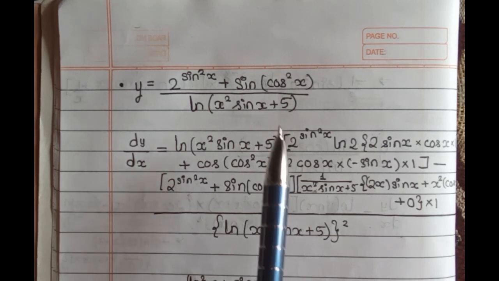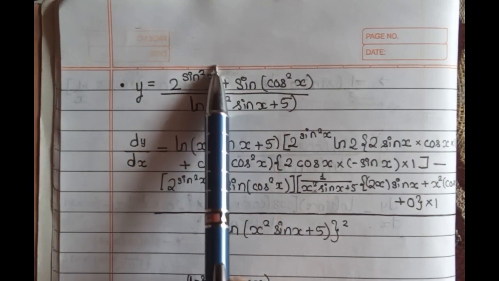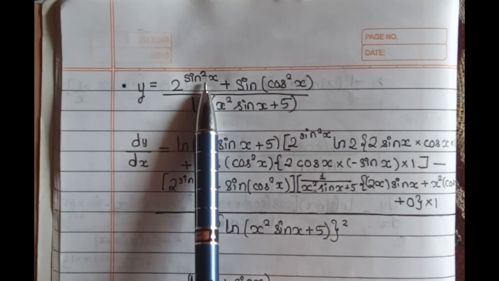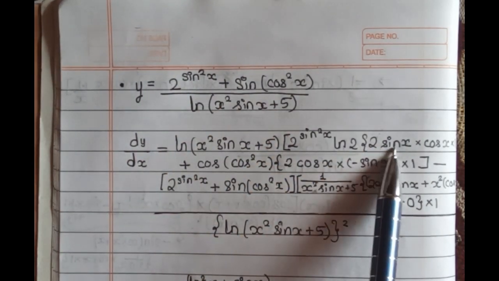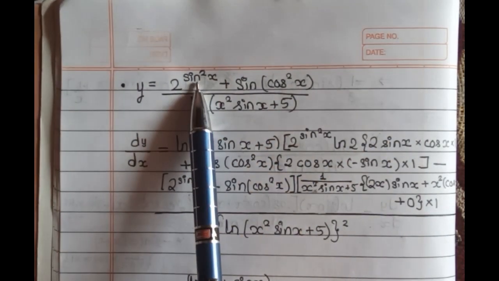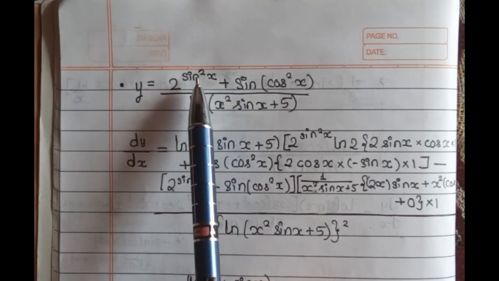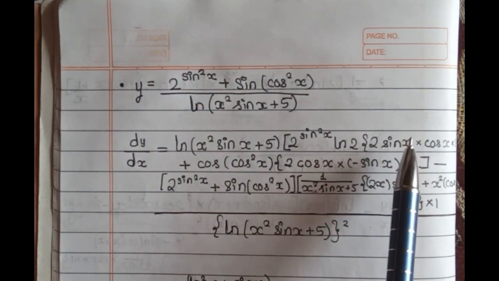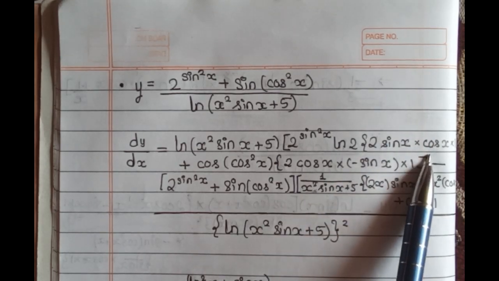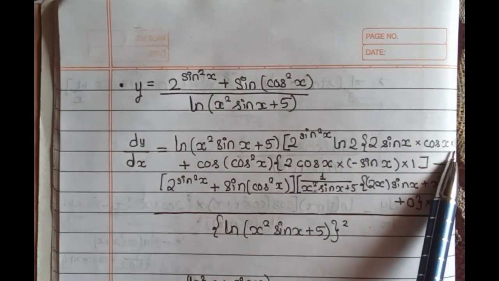Now we have differentiated, but we have to differentiate sine square x also according to chain rule. So differentiation of this will be 2 sine x. This is sine x the whole square, treat it as x power n. So 2 sine x, and then differentiate sine x, which is cos x, and then differentiation of x is 1.